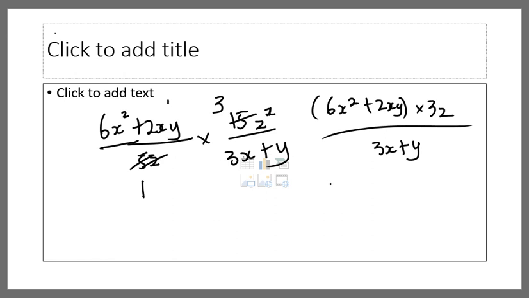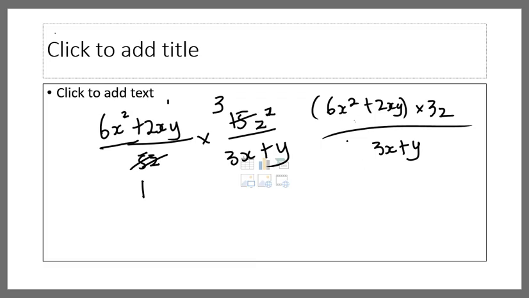So we can factor for this particular one, and see what we will get.